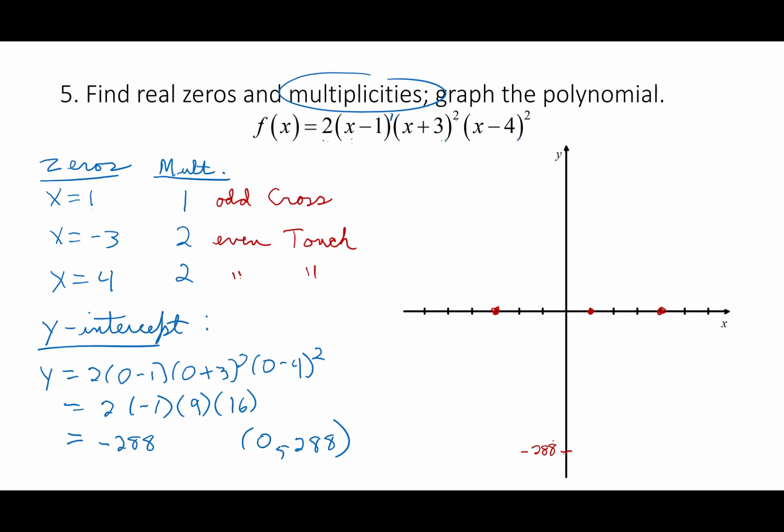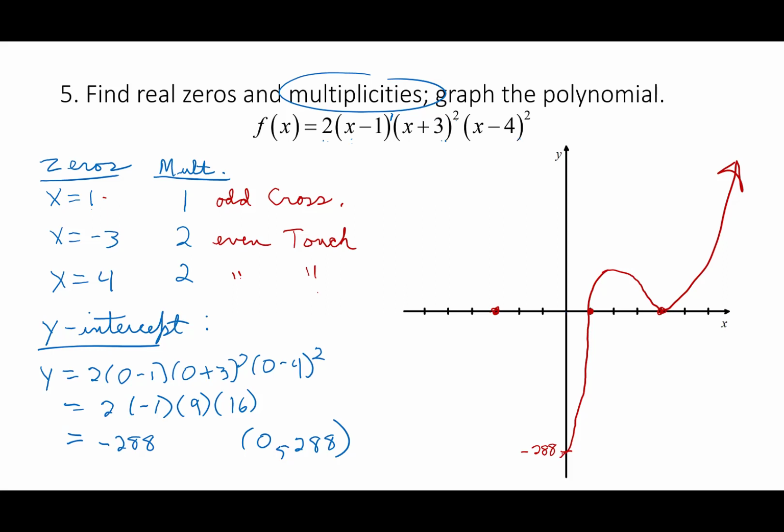I think I'll start by going through this y-intercept and then I'll come up and cross at x equals 1. If we go to the right to x equals 4, we're going to simply touch the graph and bounce at that point. So to the right, our graph will go like so.